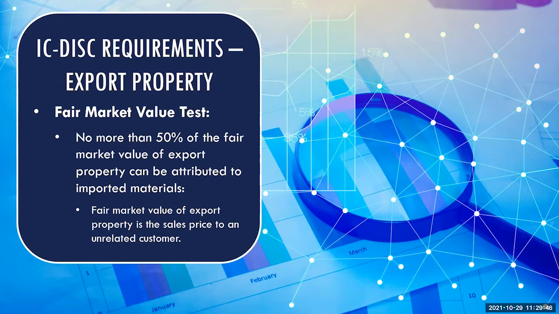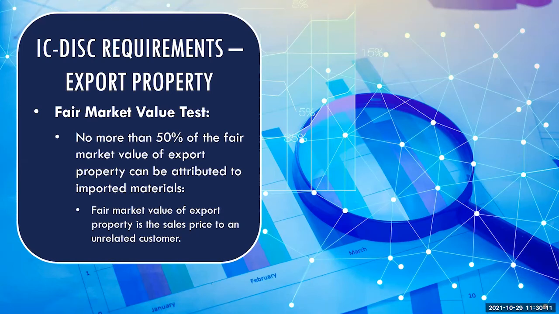So you take the $5, which was the imported value of the shirt, and divide it by $20, which is your sales price to your customer, that's 25%. And since that is less than 50%, we would meet the fair market value test, and that sale would qualify for IC DISC as long as you also meet the destination and manufacturing test.